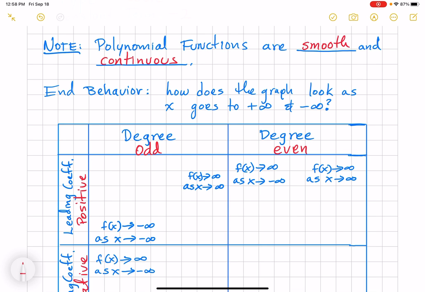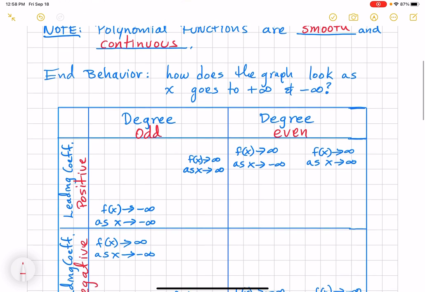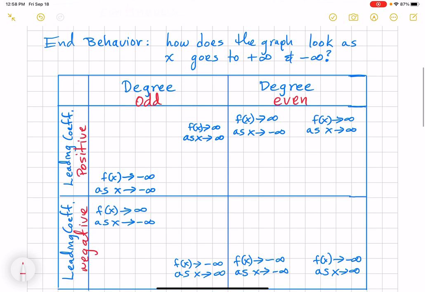But let's go ahead and talk about end behavior. It turns out all polynomial functions have some predictable behavior as we go to the right and as we go to the left. That's what we call end behavior. To think about it, you might ask: how does the graph behave as x goes to positive infinity or negative infinity?